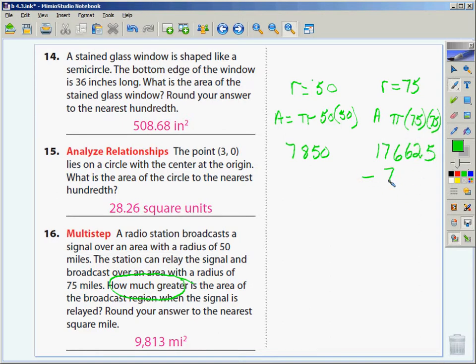And I would subtract. Minus 7,850. And it gives me 9,812.5. It says round your answer to the nearest square mile. So this is going to round up to 9,813.